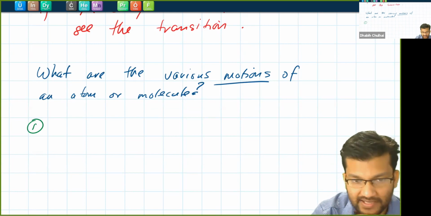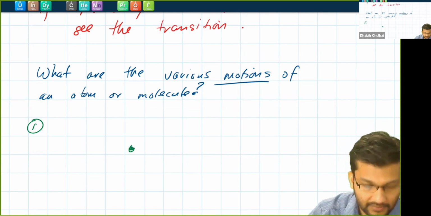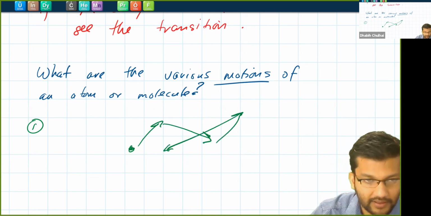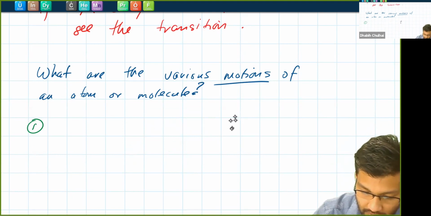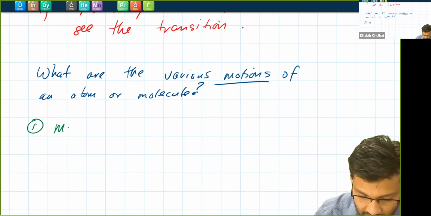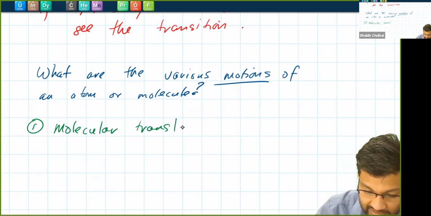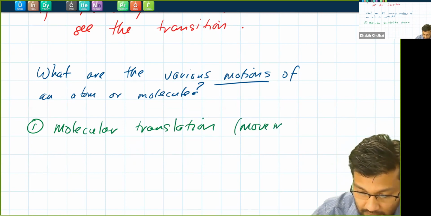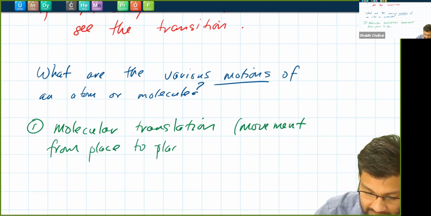Well, the most basic motion is just translational motion. You have a molecule here, it can move over here or over here or back here. It's just moving, right? That's translational motion. So we call this one molecular translation: basically, movement from place to place.